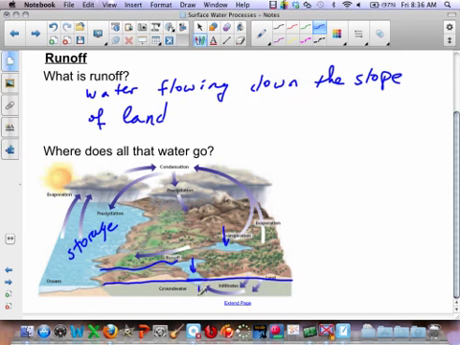So the river's not fed from the bottom of the channel, it's actually fed from the top of the water. Wherever that water is, the level of the river, that's where your water table is. And then the same thing with lakes and oceans. Again, you can see how this water table goes right to the same level of the ocean. So all of that's going to be level with your water table.